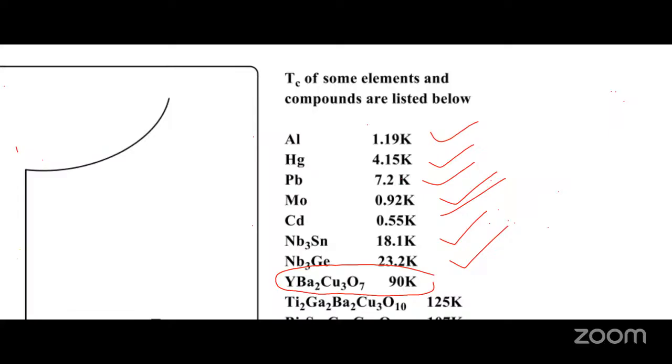The superconductivity state of various metals is given based on the resistance. At that particular temperature, the resistance of the material becomes zero, hence it shows superconductivity.